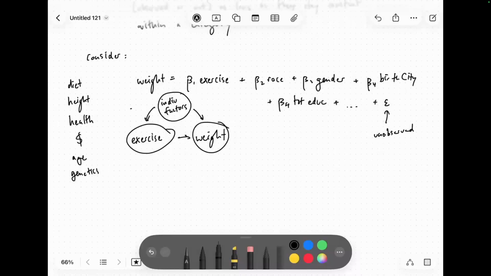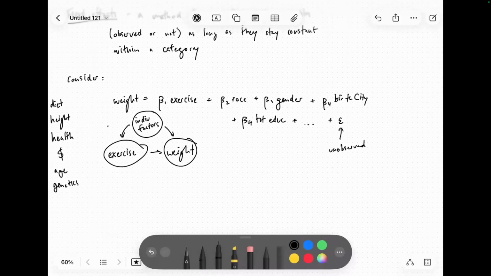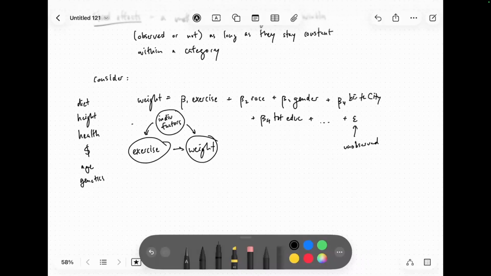There may even be a bunch of things that we aren't able to measure and see. All of these are generically under individual factors.